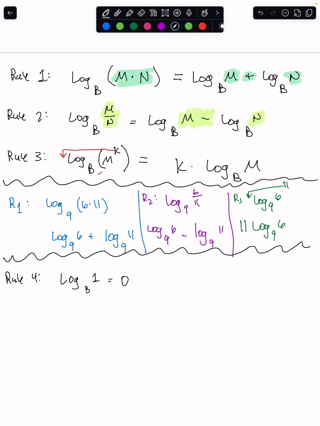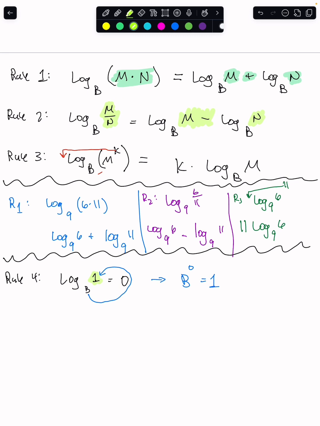And that makes sense because if we do our swoosh that we talked about earlier today, b to the 0 power equals 1. So anytime you see log of any number and it's a 1 right here, your answer is 0. Okay, that's rule 4.